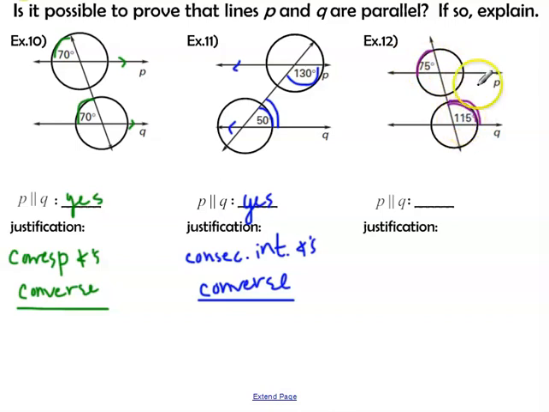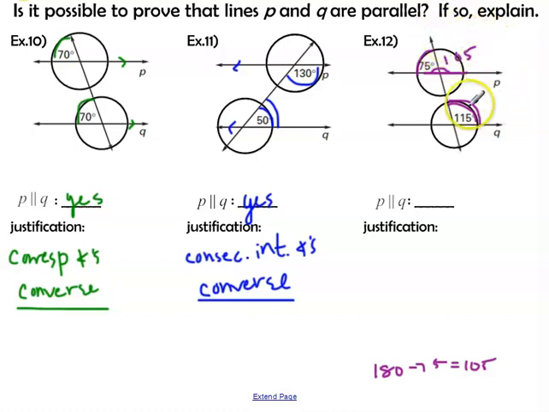So what is something we can say is true? 75 and this angle right here, this unknown one, those are going to be supplementary because they're a linear pair. So if we take, and this is side work, 180 minus 75, that's going to give us 105. So this angle is actually 105.